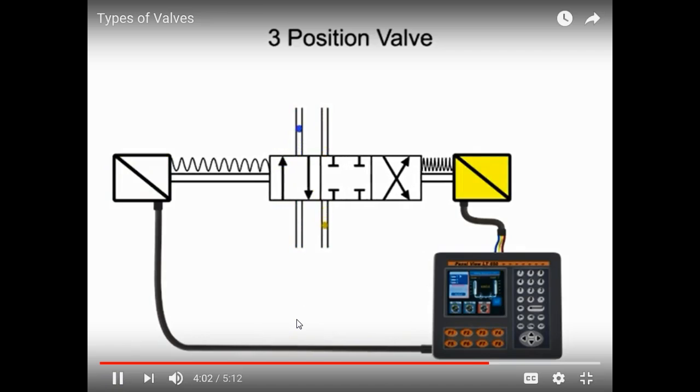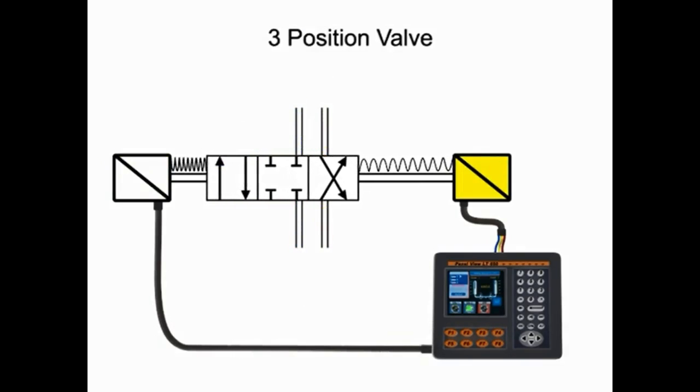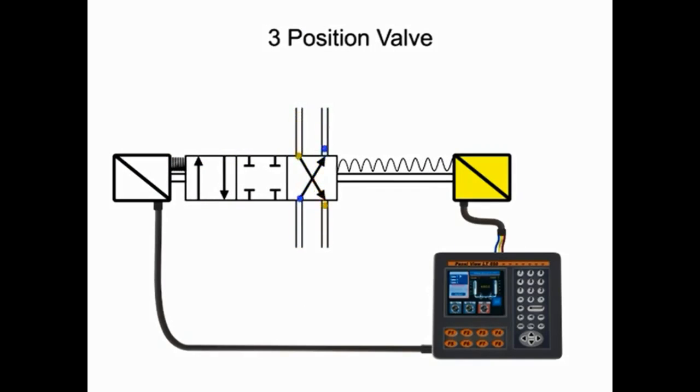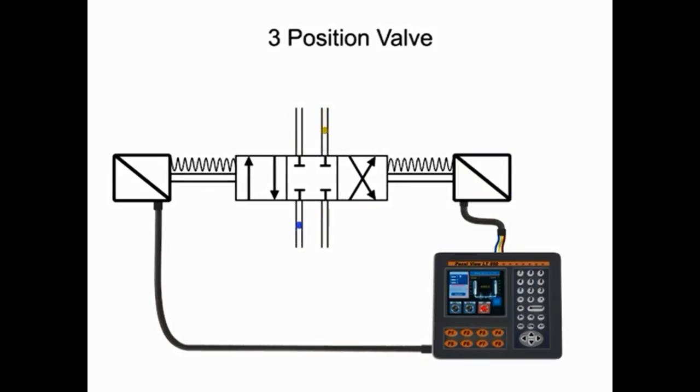When each solenoid is energized, the valve shifts to the appropriate position. Anytime both solenoids are de-energized, the valve spool will spring to center and stop the fluid flow. Therefore, a three-position valve requires a maintained electrical signal for its operation.